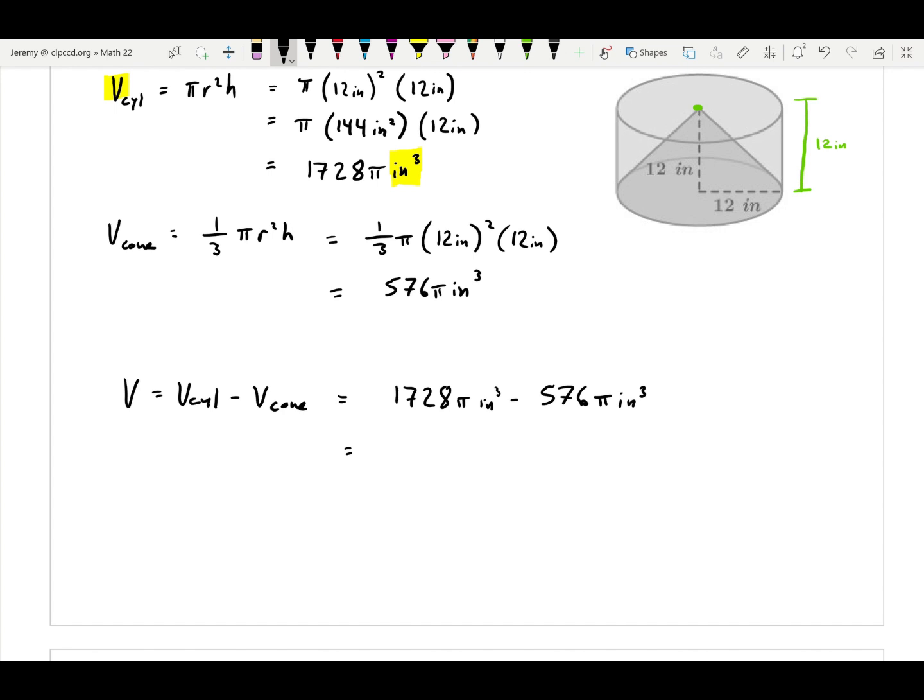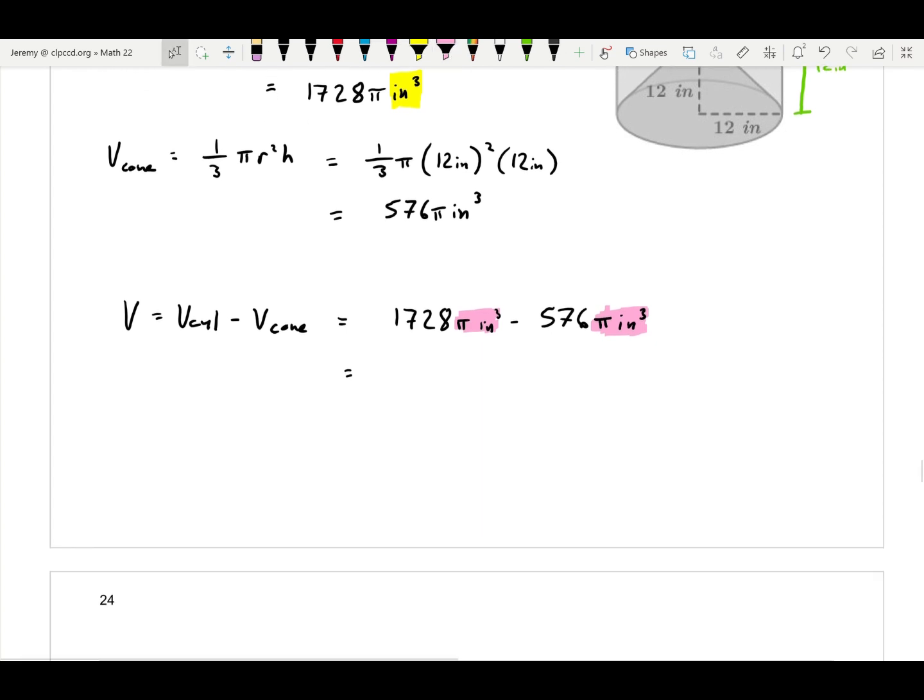All right, and to take this difference, I can treat these two terms like terms. Notice that they both have pi inches cubed.